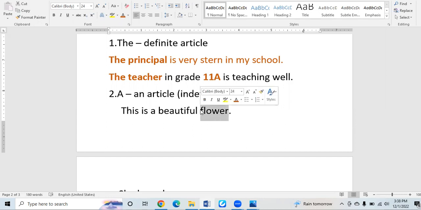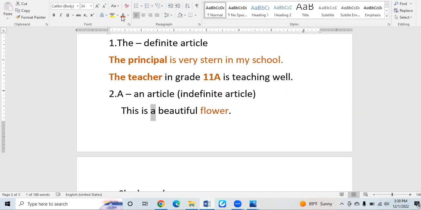Look at the flower. There are a lot of flowers around us. They have specific names also. But here we haven't mentioned the specific name of the flower. Whatever the name of the flower, all the flowers we can consider by the common name flower. So this flower will take the article a.